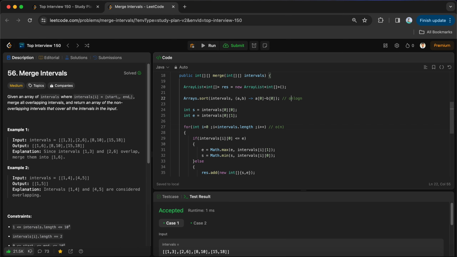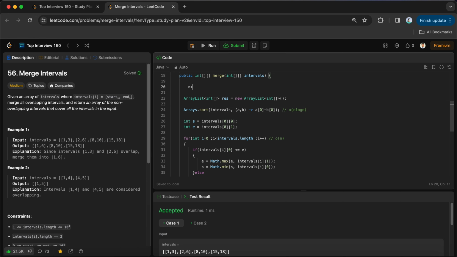If I combine both, this is n log n operation and n operation, so it is basically n plus n log n operation. So total it is big O of n plus n log n time complexity, which we can simplify, because n log n is greater than n, so n log n is the overall time complexity.